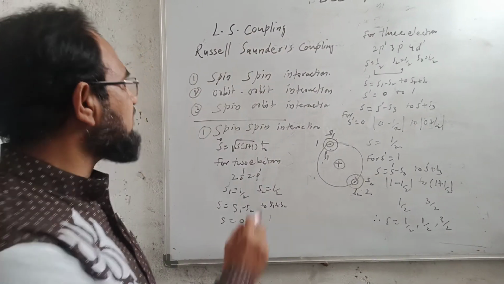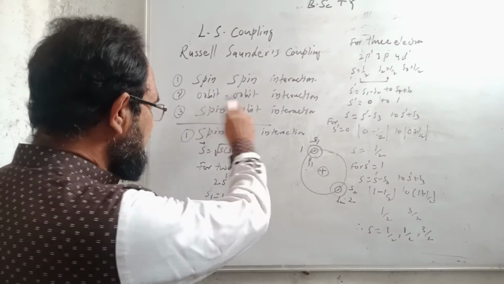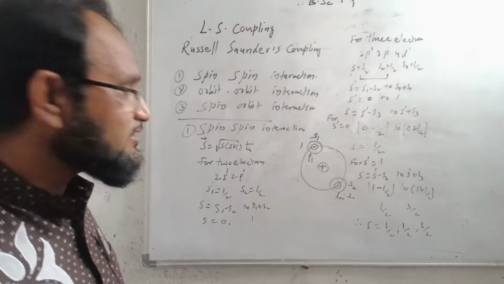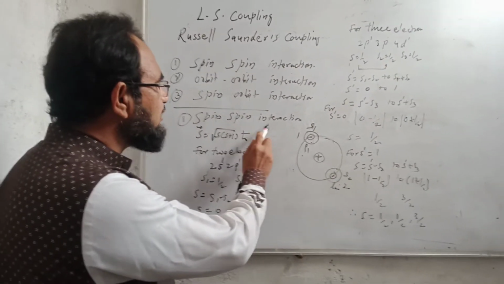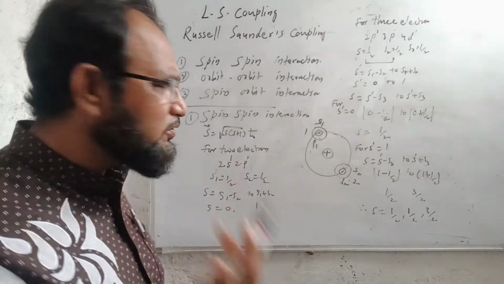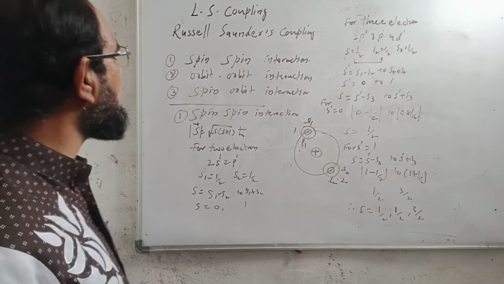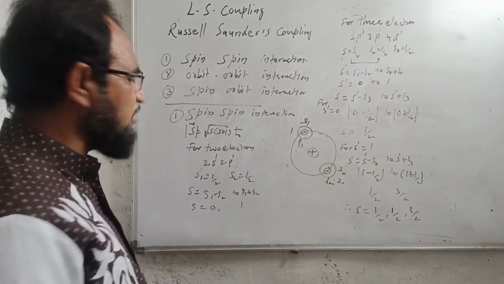So now see here, we have to study the spin-spin interaction, then orbit-orbit interaction, then spin-orbit interaction to find the resultant angular momentum. Now first we will study the spin-spin interaction, for two electrons or more than two electrons. I will write the formula for the spin quantum number S as root over S into S plus 1 h cross.